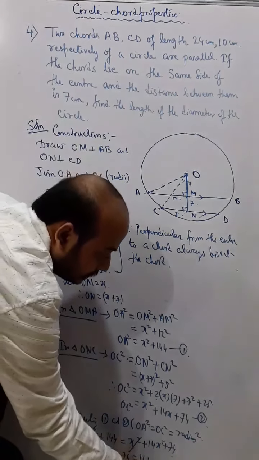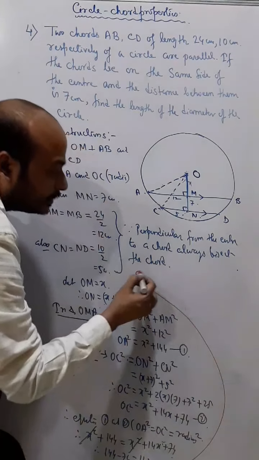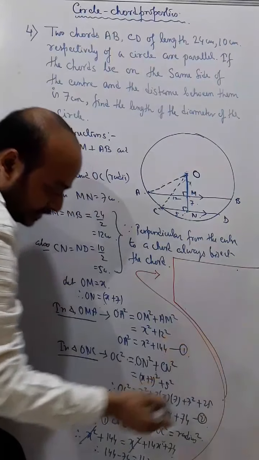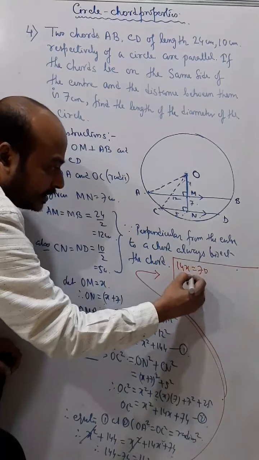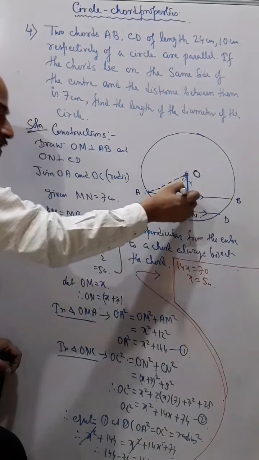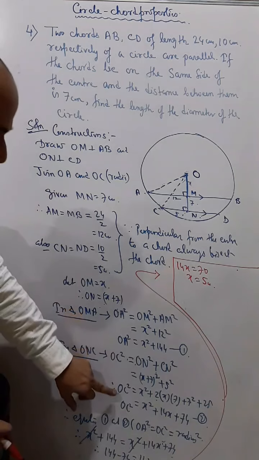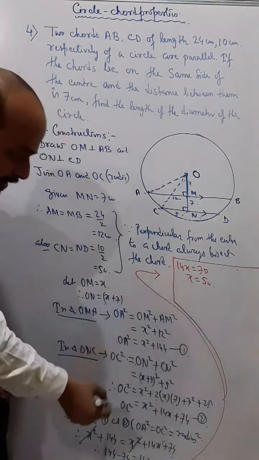So finally I am getting 14x is equal to 70 and x is equal to 5. But x is not the answer. They ask you the diameter, that means you have to find the radius. And you can understand OA square or OC square, they are the radius square. So if you put any of them, you can get OA square.